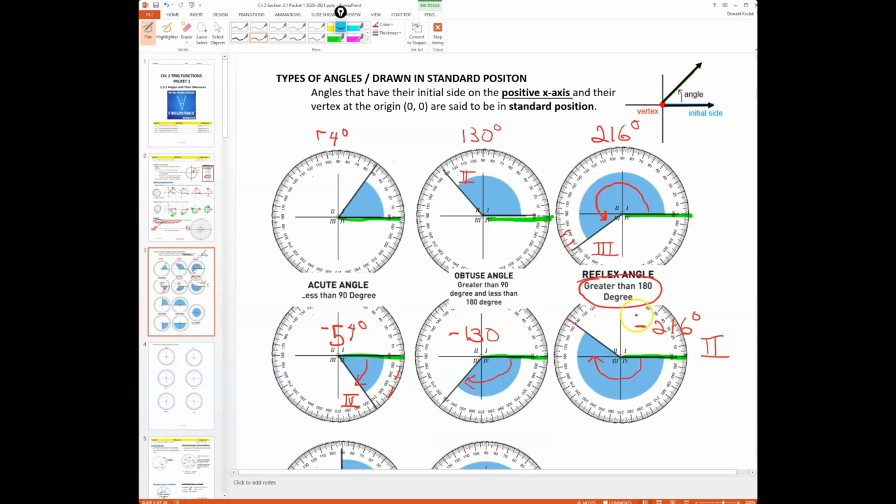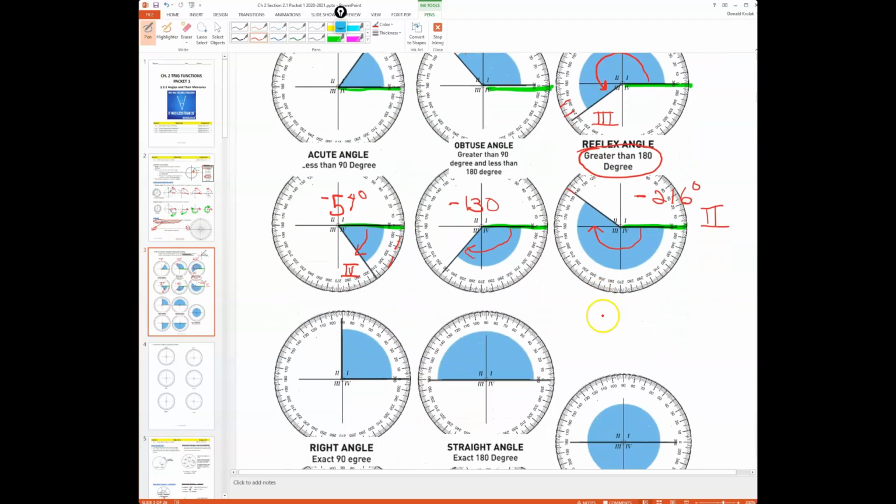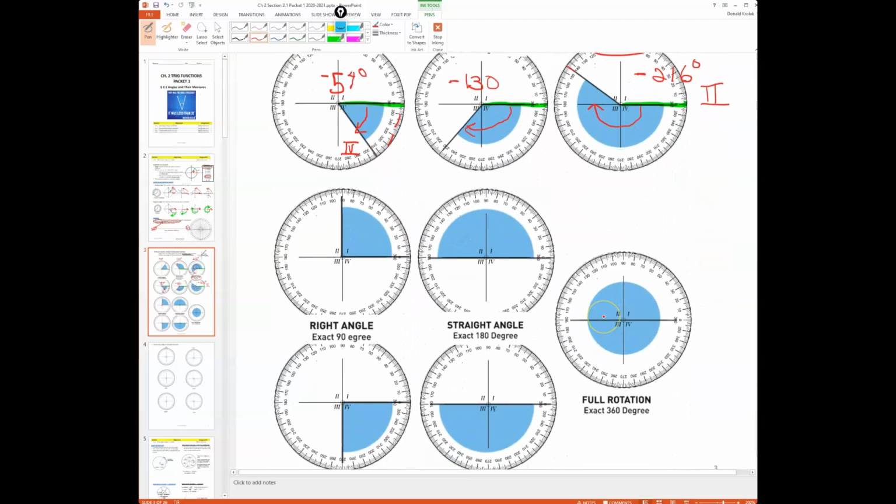And then our other two types of angles. You know what right angles are. So we've got a positive 90 degrees. Now, this doesn't end in a quadrant. It ends on the y-axis. So we can't say that it ends in one of the quadrants.